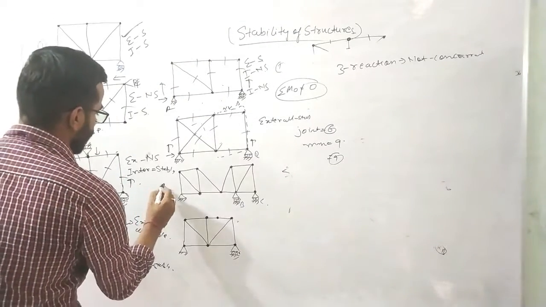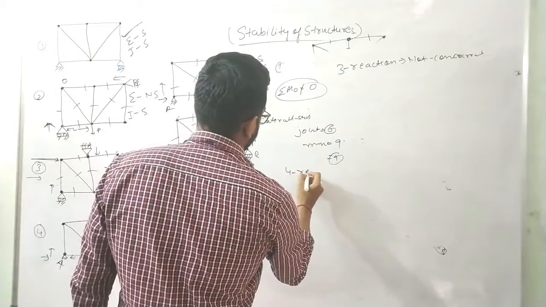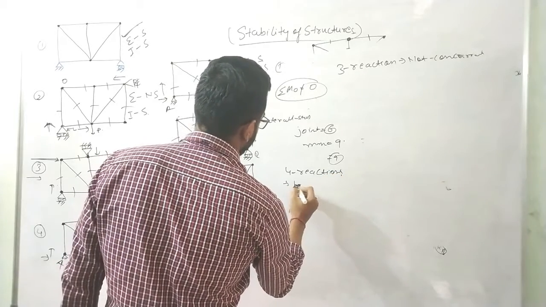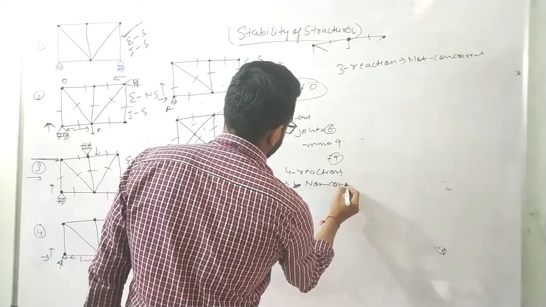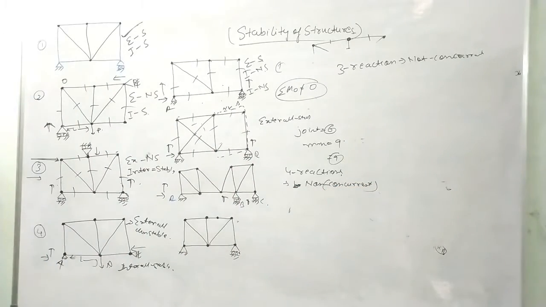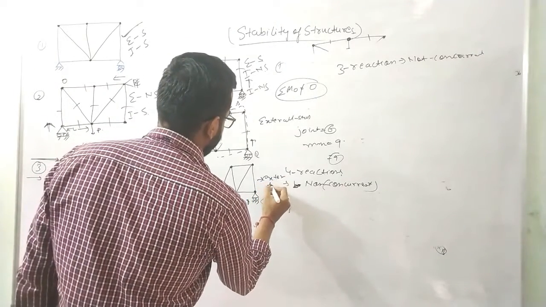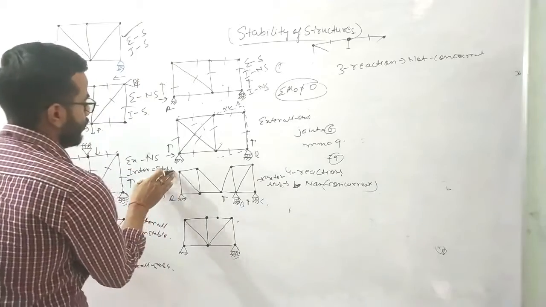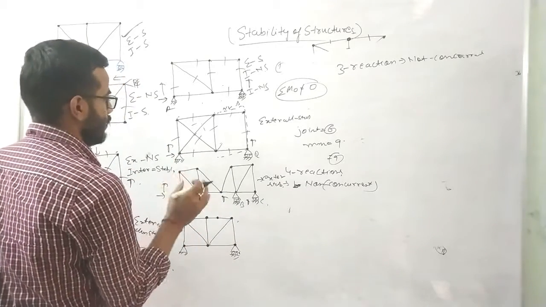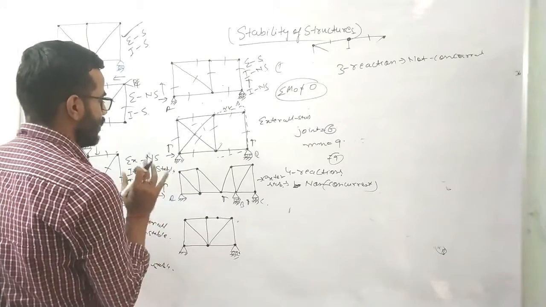How many? 1, 2, 3, 4. 4 reactions, non-concurrent. So this is externally stable. If I calculate moment about this point, or any other point, it will be summation M equals 0, summation Fx equals 0 and summation Fy equals 0.